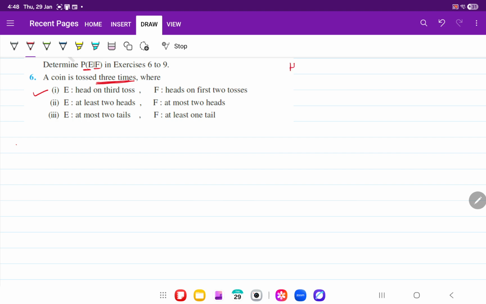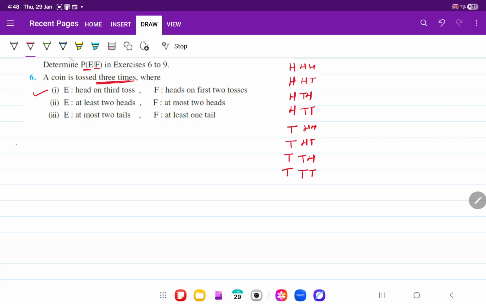Suppose first comes head, then the second 2 tosses may be head head, head tail, tail head or tail tail. Correct? These are the cases. Maybe the first toss is tail, then the other 2 tosses may be head head, head tail, tail head or tail tail. So like this you can make 8 cases.